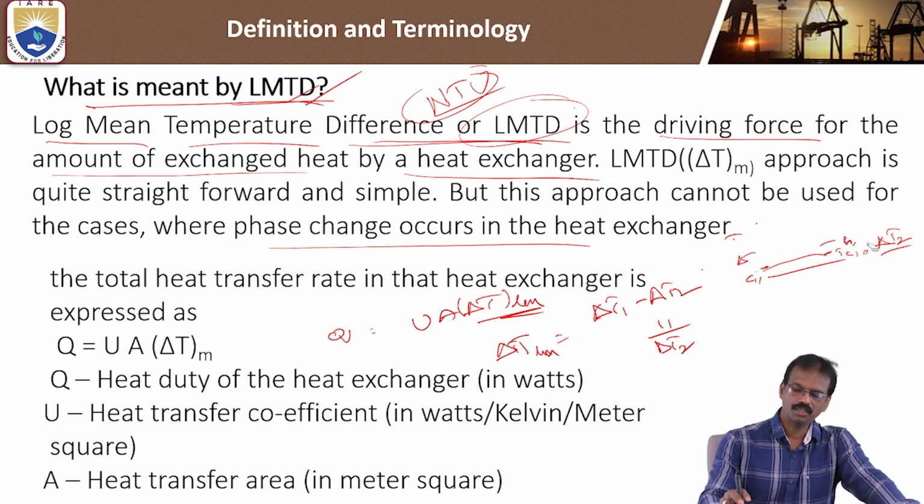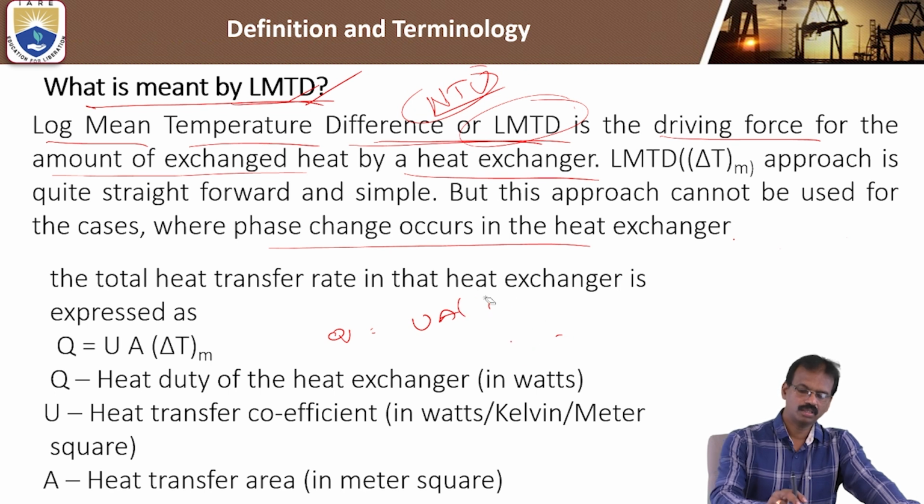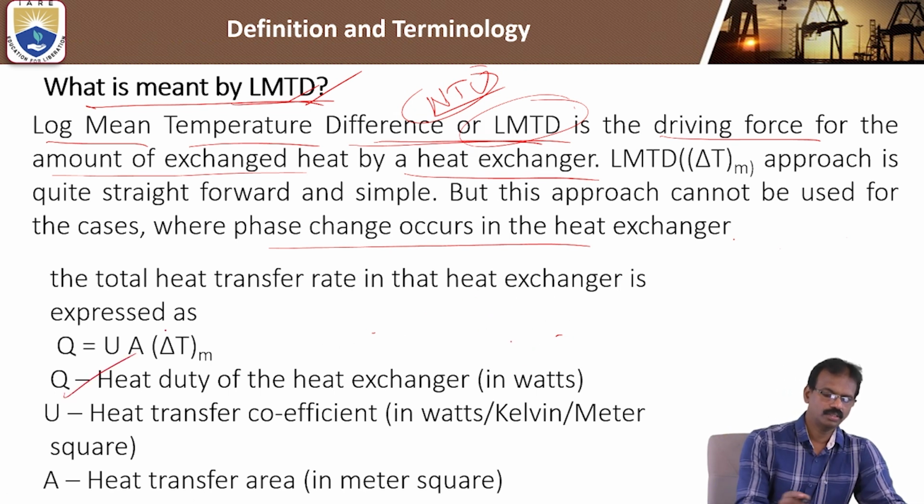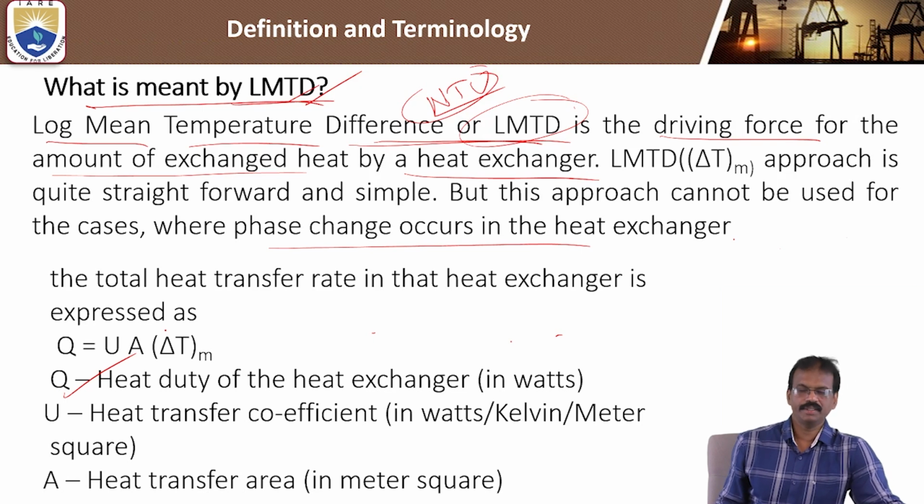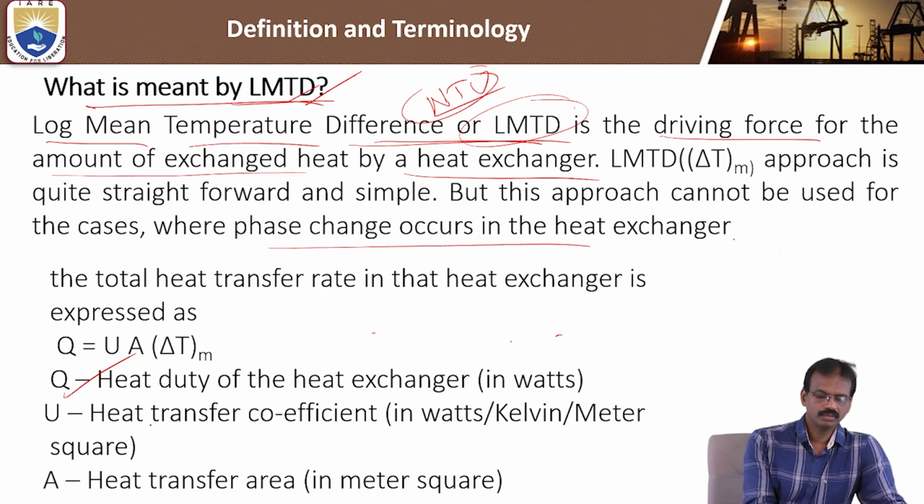By using this LMTD method, we can find out the rate of heat transfer for any type of heat exchanger, either parallel flow, counter flow, or cross flow. You know that Q is the heat transfer in the heat exchangers, the rate of heat transfer.